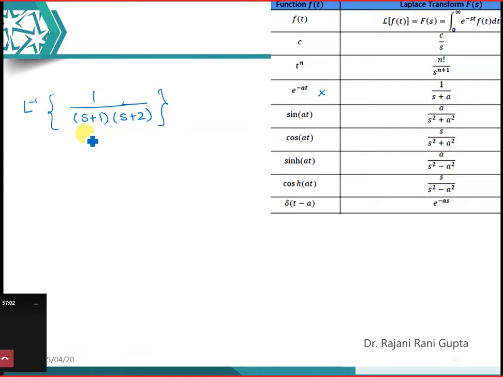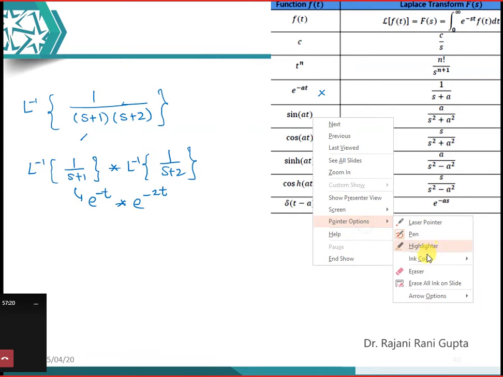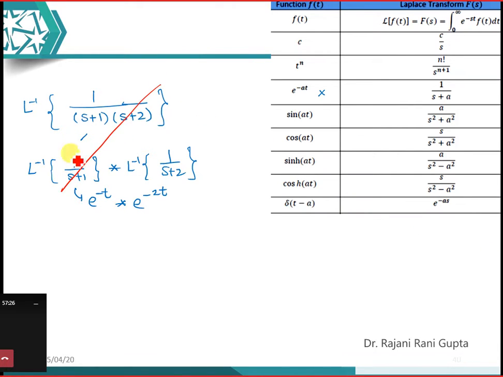You cannot work on it like Laplace inverse of 1 over s plus 1 multiplied by Laplace inverse of 1 over s plus 2, and then say e power minus t, e power minus 2t as the answer. No, you cannot work in this way. This is not possible in inverse Laplace transform. Not possible, not allowed.